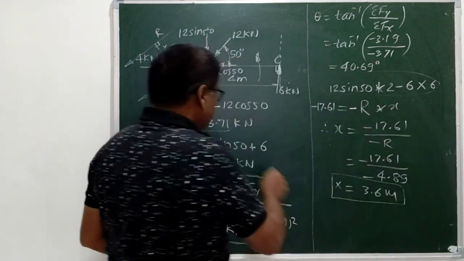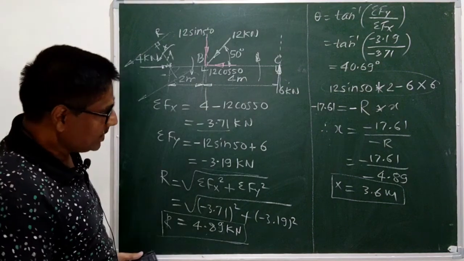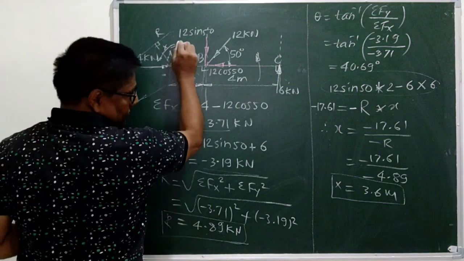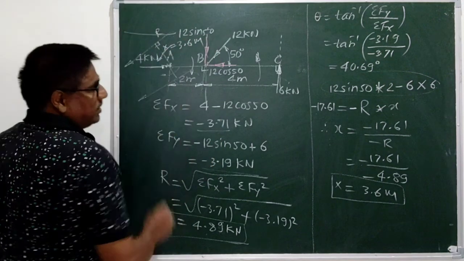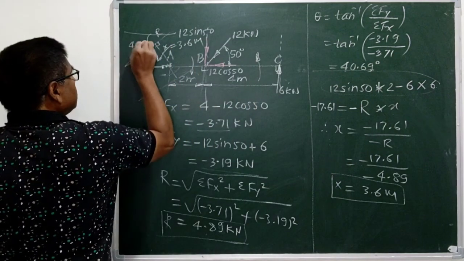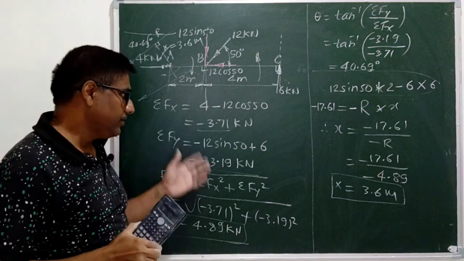This gives the location of resultant by using Varignon's theorem of moments. x is equal to 3.6 meters, and the angle of resultant is 40.69 degrees. That's all for this short video.